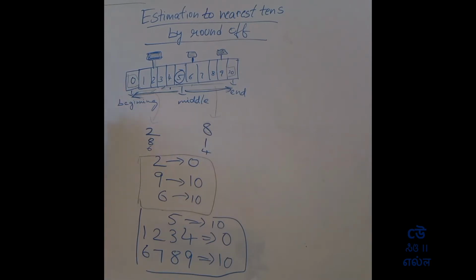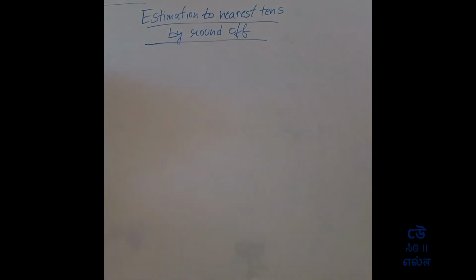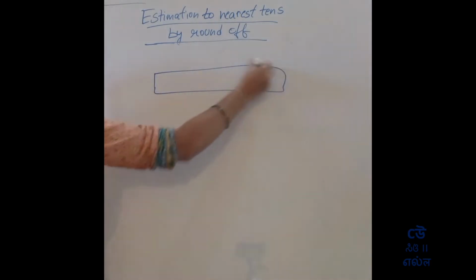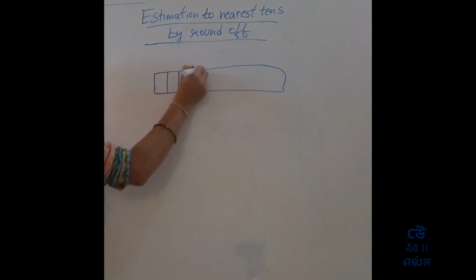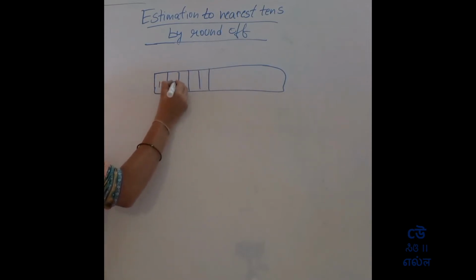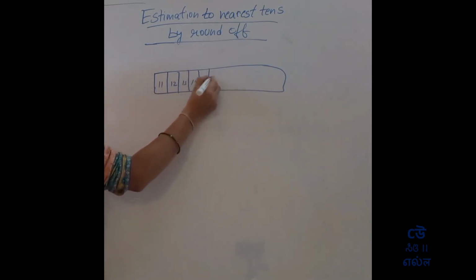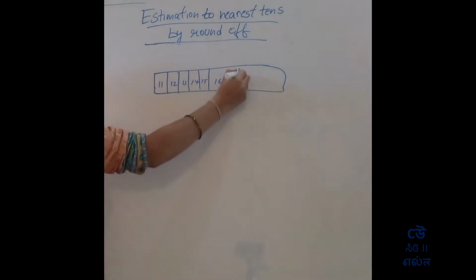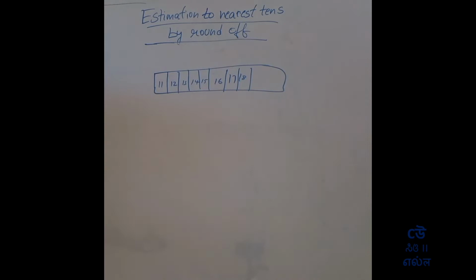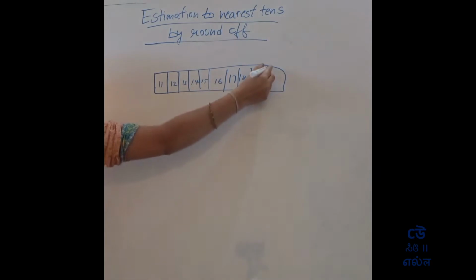Okay. Next, let us see how to round off tens place, that is, if we have 2 digits. Okay children, let us take the table same as the previous one which we took, that is 11, 12, 13, 14, 15, 16, 17, 18, 19 and 20.